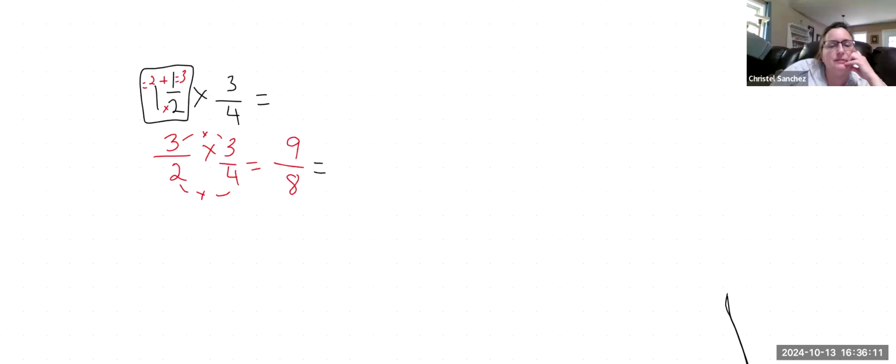And how many do we have left over? 9 minus 8 is 1. Then we carry over the bottom number. So the way I got that is 9 divided by 8. 8 goes in there 1 time, 1 times 8 is 8, and we had 1 left over. That's my top number, and my denominator stays the same.